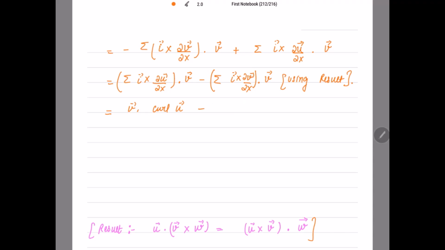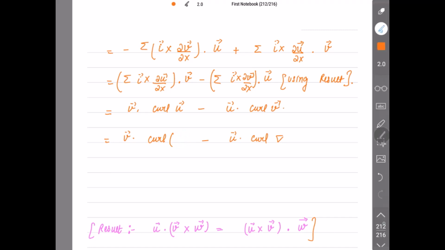Sorry, this is your u, not v, this is u. So this is minus u vector dot curl of v. And now I'm writing back the values: v vector is del xi, and curl of u vector is del phi.